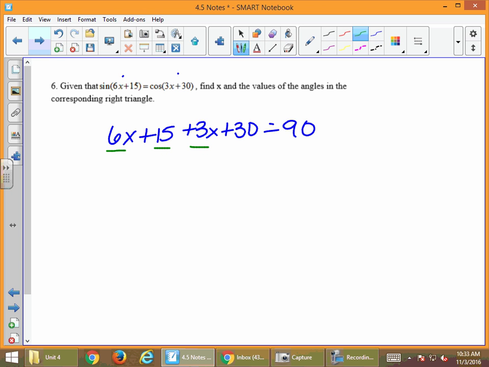If they're on the same side, gotta be careful, use the same signs. So we're going to combine them, make sure you keep those signs the same. Push them together first. So 6x plus 3x is 9x. 15 plus 30 is 45. Now you're down to your basic problem. What do we have to do with 45?